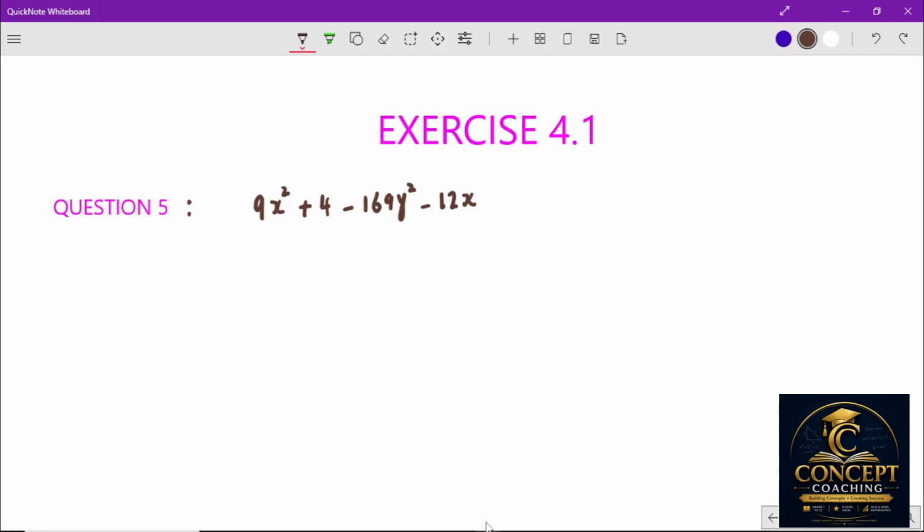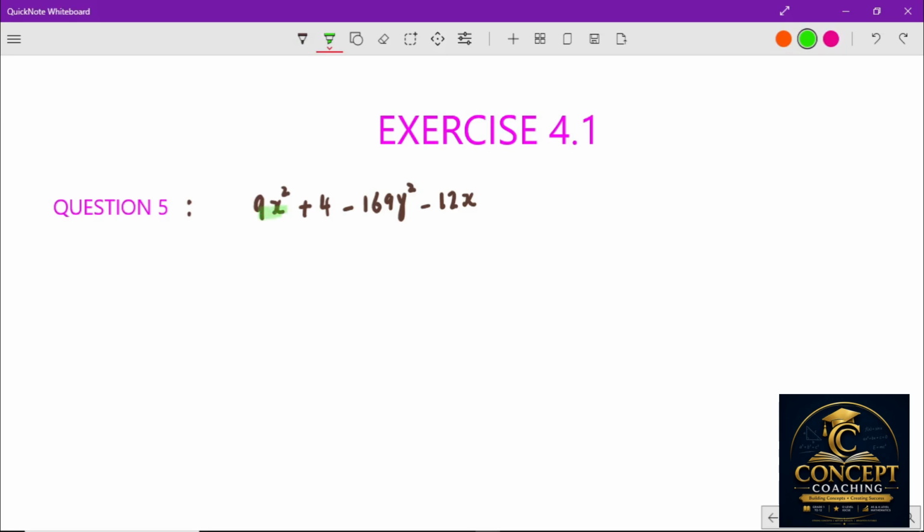This is Federal Board Mathematics and this is exercise 4.1 question number 5. Question number 5 is 9x square plus 4 minus 169y square minus 12x. Now you see it has 4 terms, and whenever we come across 4 terms, first of all we see which values are squares.